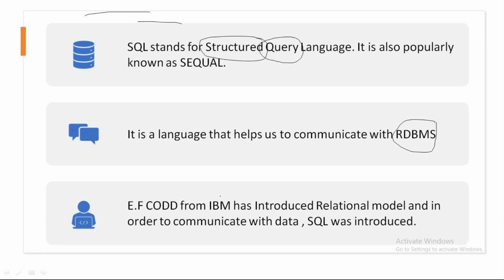Remember now. See here, a person with a laptop. Who is this person? E.F. Codd, Edgar something. E.F. Codd from IBM introduced the relational model. In order to communicate with the data in the relational model, he introduced SQL.